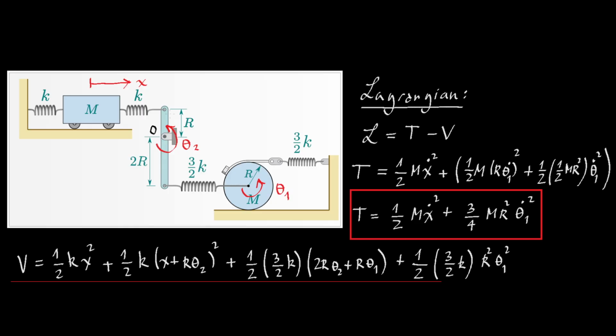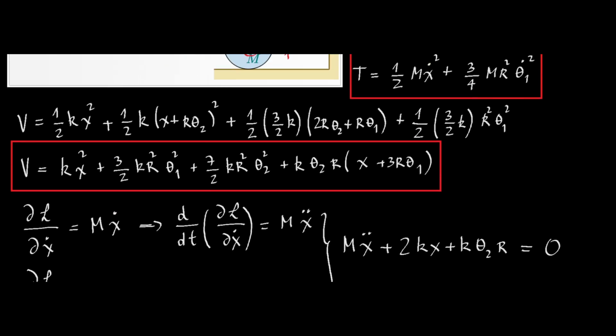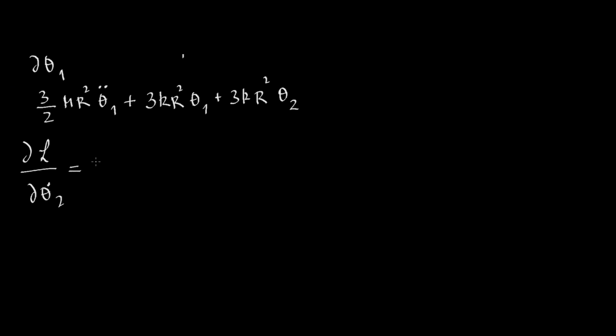Let's emphasize this. This is a massless bar. We are assuming that, although any physical object has mass, in this case it is very small, so in practice it's zero. And then the expression of the kinetic energy doesn't contain theta 2 dot. This is simply zero.